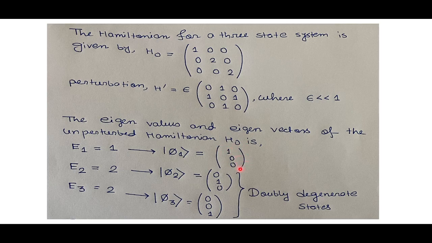So for the next you will get 0, 1, 0, but for this 2 you will get the same equation, but your states should not be the same. If you just obtain these three, in this combination it will be easy to understand. If your first two states are along the x axis and y axis, then obviously the third state will be along the z axis, right? So you have to just take the cross product.